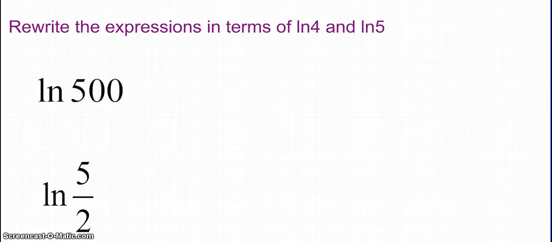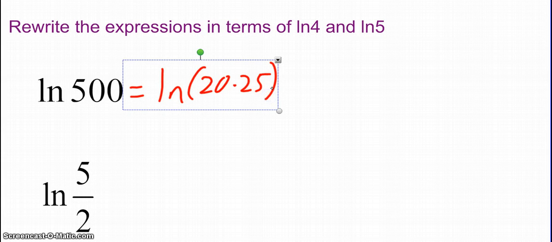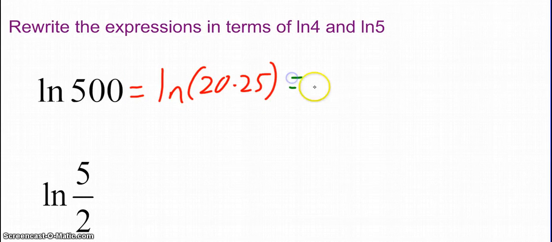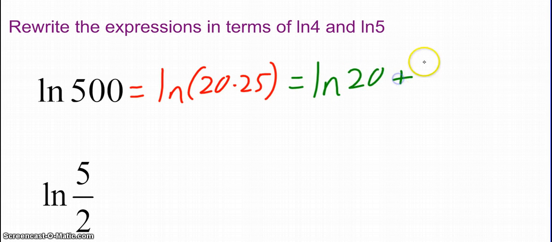So for example, I know 20 times 25 is 500. So this is the natural log of 20 times 25. So I know that this becomes the natural log of 20 plus the natural log of 25.